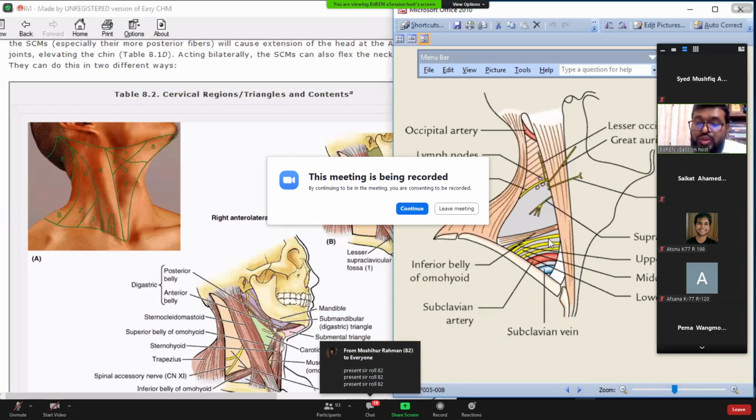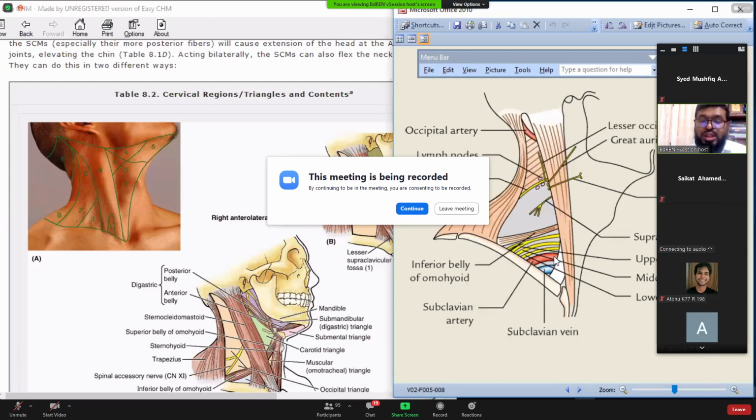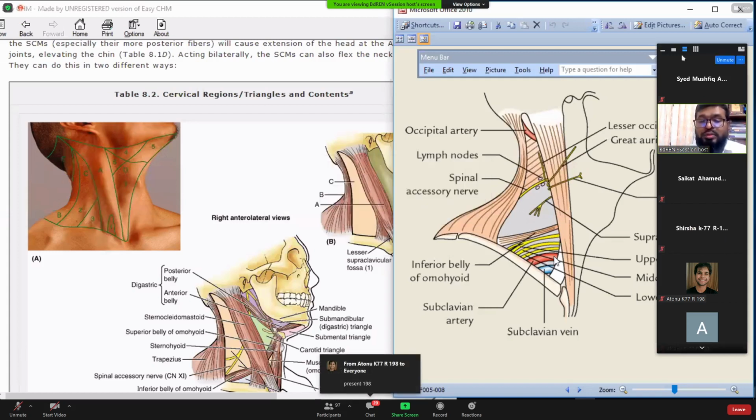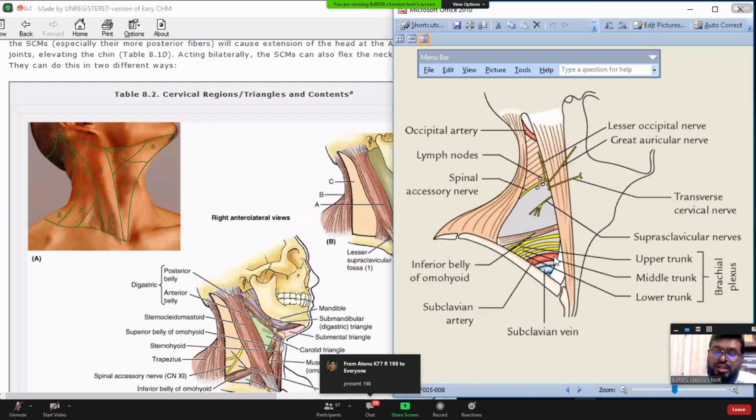So instead of giving the anesthetic agents here, they mistakenly gave it here, and then and there the patient died. You can understand. The anesthetic agent, if it enters into the artery, what will happen? They did not even have a second to recover the patient. And the anesthetist and the surgeon were put behind the bar, and eventually they came out on bail.